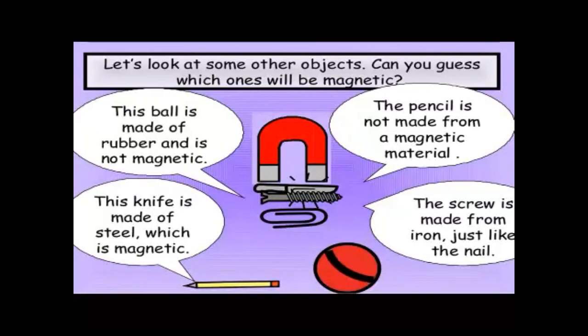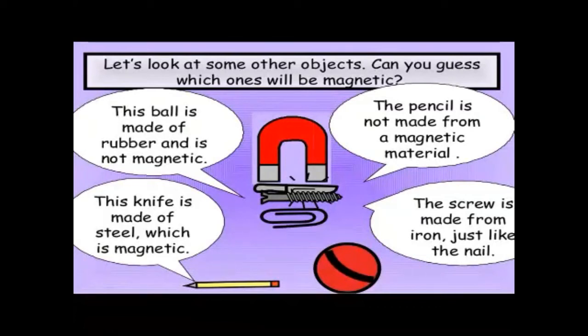Yes, it is easily attracted by a magnet because it is made from steel. A thing made from steel or iron can be easily attracted by a magnet. What about this knife? This knife is made of steel, so it can be easily attracted by a magnet. So this is a magnetic material. Pencil is a non-magnetic material and knife is a magnetic material.